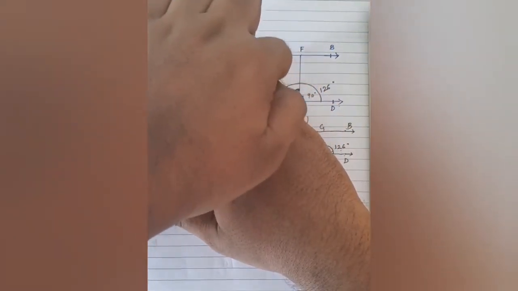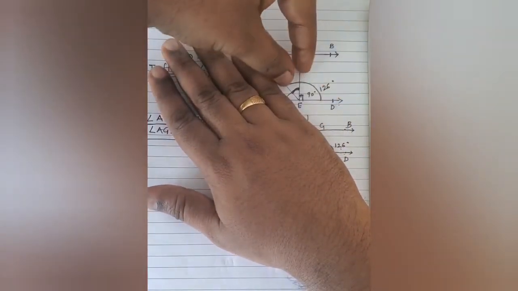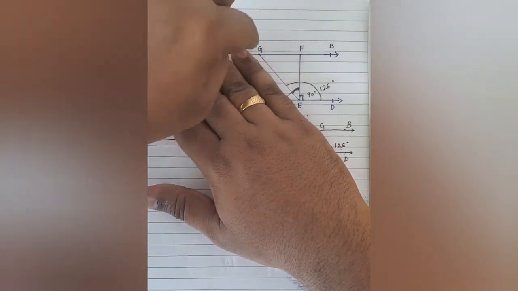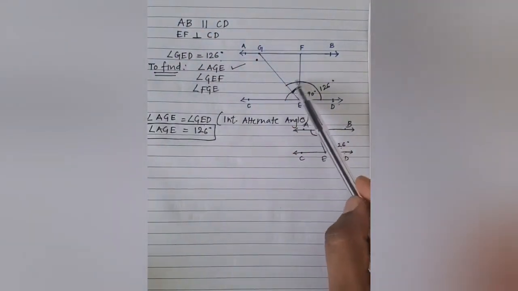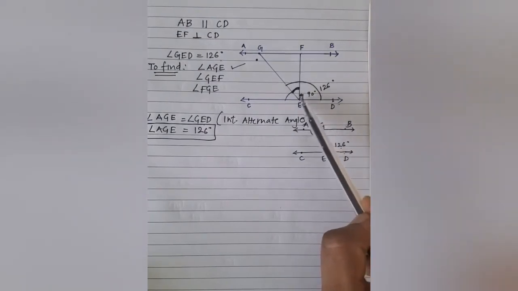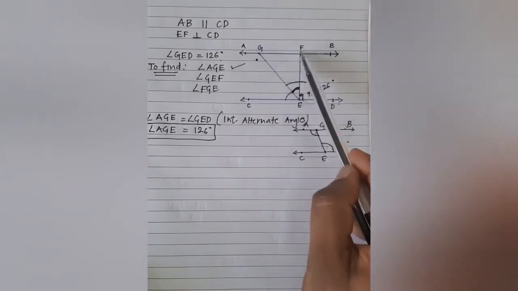So what is the whole GED? It is the whole 126 degrees, and this much is 90 degrees. I say it again, GED, this whole angle, is 126 degrees, and a part of this, this much, is 90 degrees. So what is the remaining, which is angle GEF.